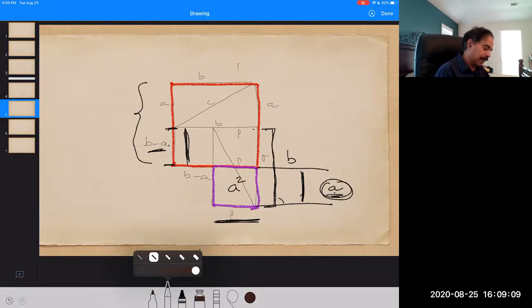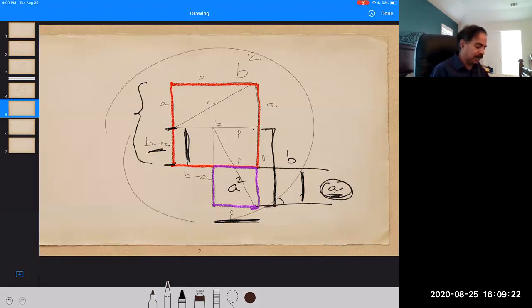So the red one has area B square. So the total area of this picture is B square plus A square.